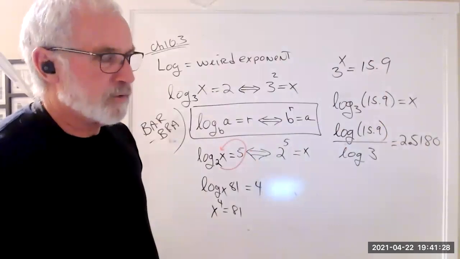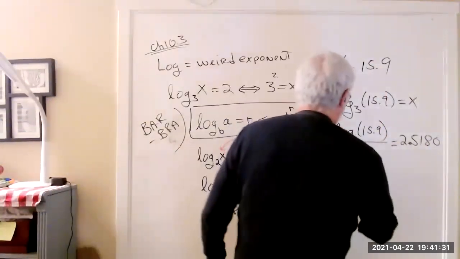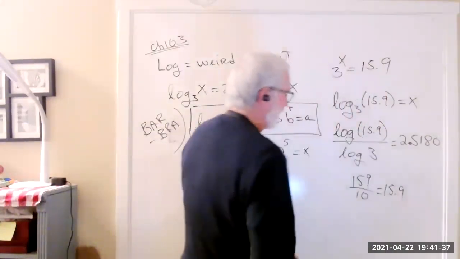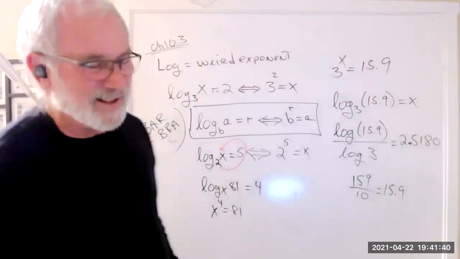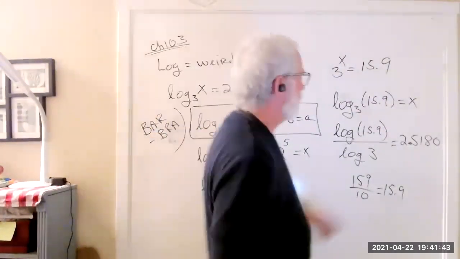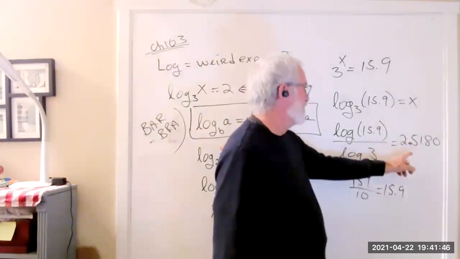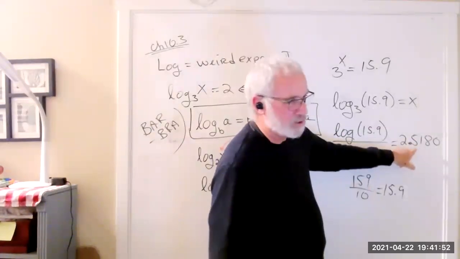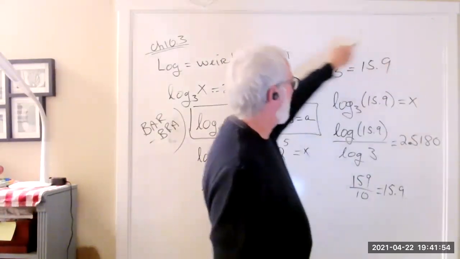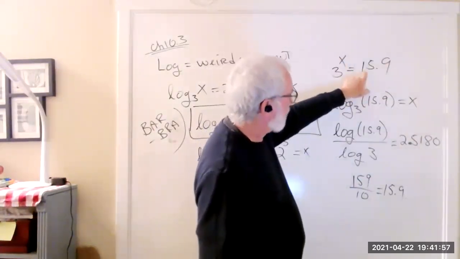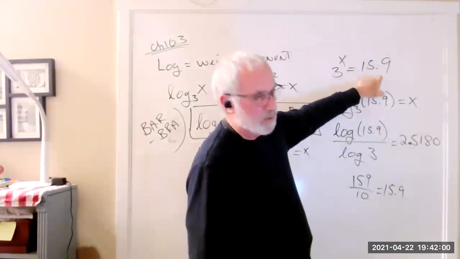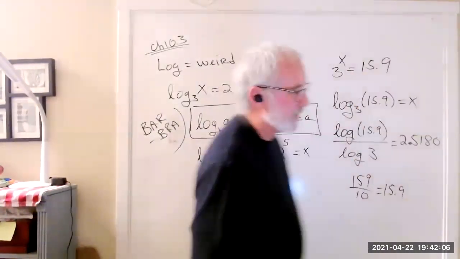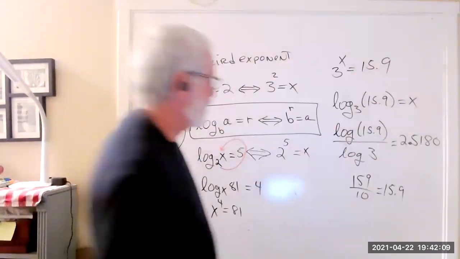Well, what is 159 over 10? 159 over 10 is 15.9. Yeah, you're right. I'm sorry. Okay. By rounding this, I was assuming that you had rounded this. And by putting a rounded answer back here to check your work, you probably wouldn't get 15.9. You'd get something really close, but not exactly. But since you used a whole lot of the decimal, it should have come out exact, and it actually did.